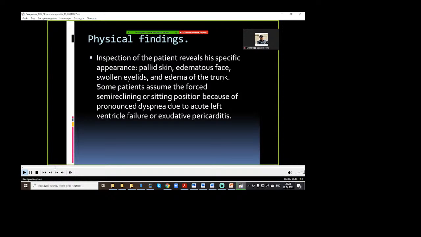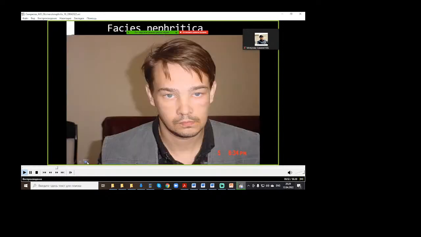Some patients assume the forced semi-reclining or sitting position because of pronounced dyspnoea due to acute left ventricle failure or exudative pericarditis. This forced position is called orthopnoea. This is an example of facies nephritica with swollen eyelids, edematous face, and pallid skin.